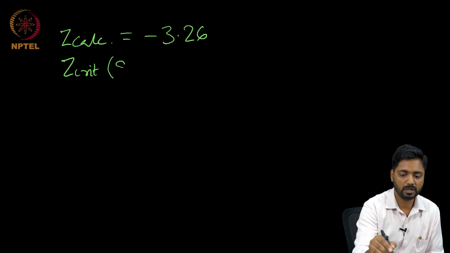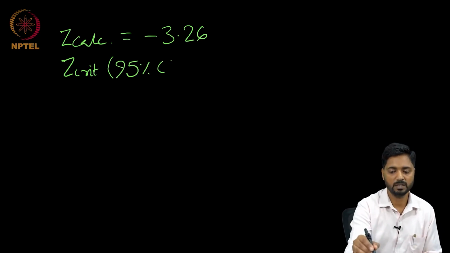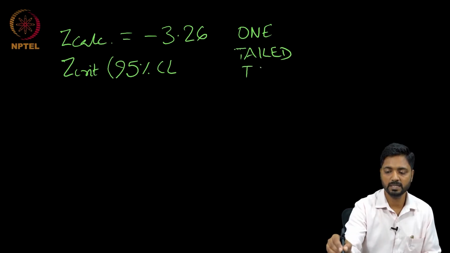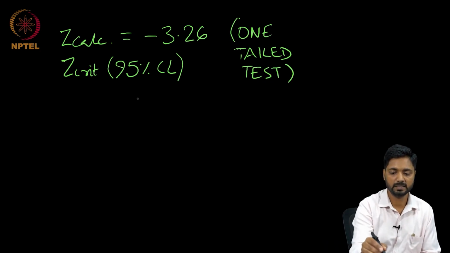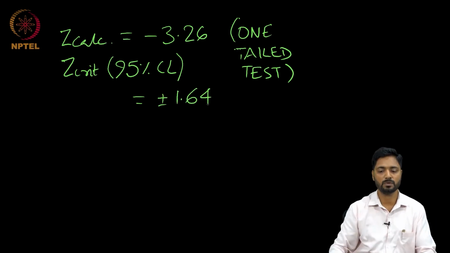So, if we are talking about the 95% confidence level, now we need to apply the one-tailed test, and hence our z critical value will be plus minus 1.64.